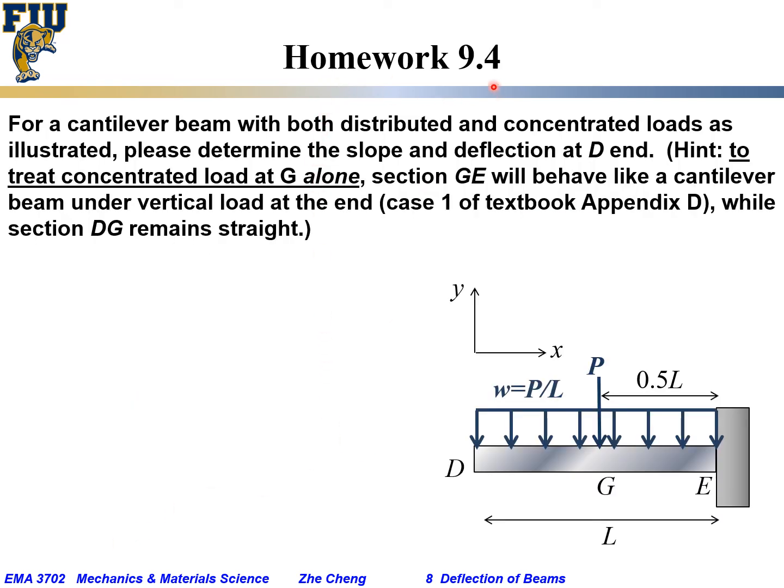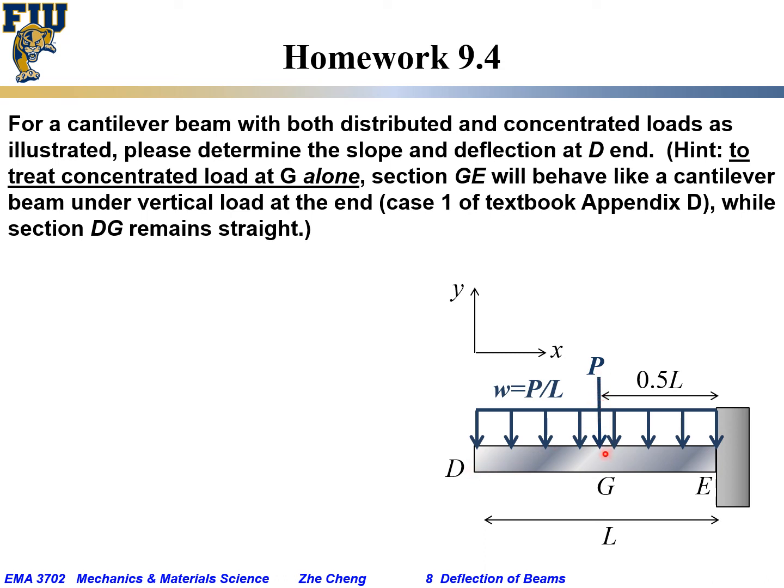Homework 9.4. For a cantilever beam with both distributed load W and concentrated load P, as illustrated, W equals P over L. L is the total length of this cantilever beam. We want you to determine the slope and the deflection at the D end, the left end D. So there are two loads.